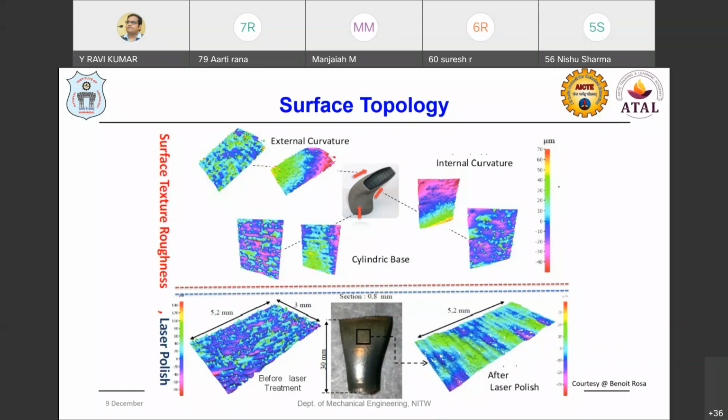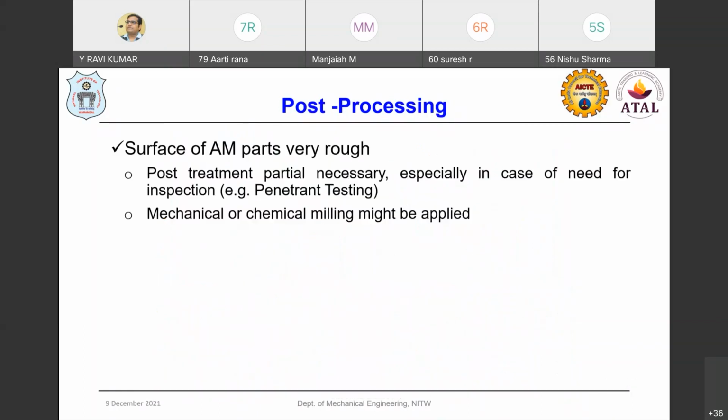Nowadays we have so many advanced post processing techniques: chemical post processing, electrochemical etching, abrasive flow finishing, and magnetic abrasive flow finishing can be used to polish the manufactured samples. Post processing is very much required wherever we have a very rough surface finish, and post treatments are especially necessary when inspection, such as penetrant testing, is needed.